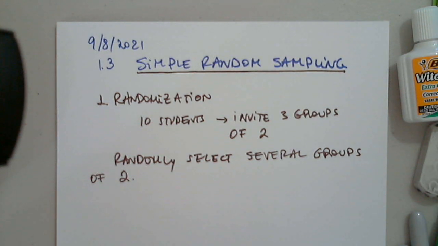And now there is a repeat between the groups. I can just choose number 5 with somebody else, or I can continue. Just select the third group that has no repeats, because I already selected 4. I don't want to select 4 again. I can't. So this is the procedure of creating random numbers.